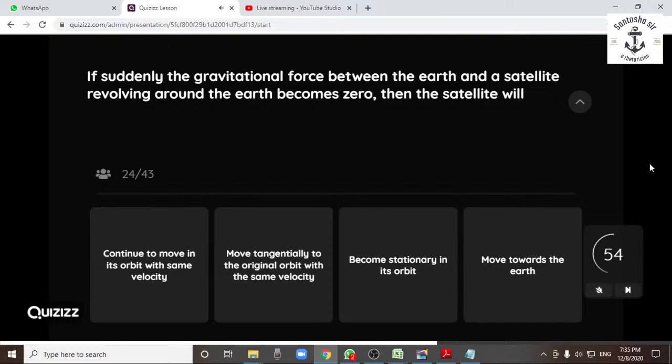Five seconds more. 24 members answered out of 43 participants. What happens to the satellite if suddenly the gravitational force between the Earth and a satellite revolving around the Earth becomes zero?